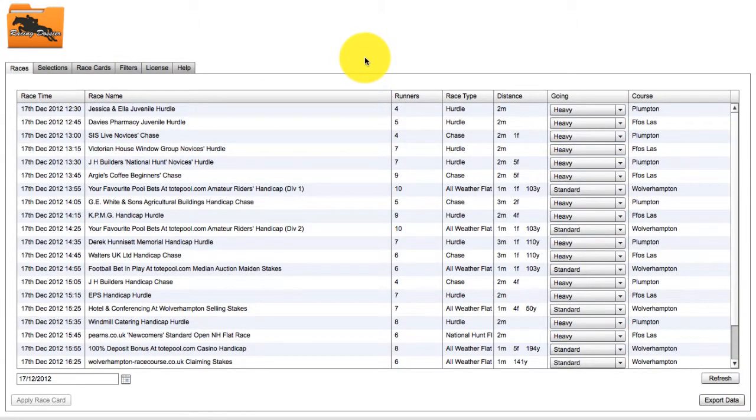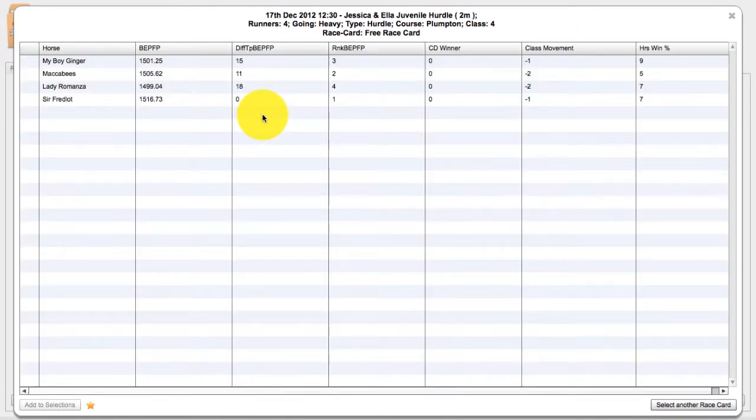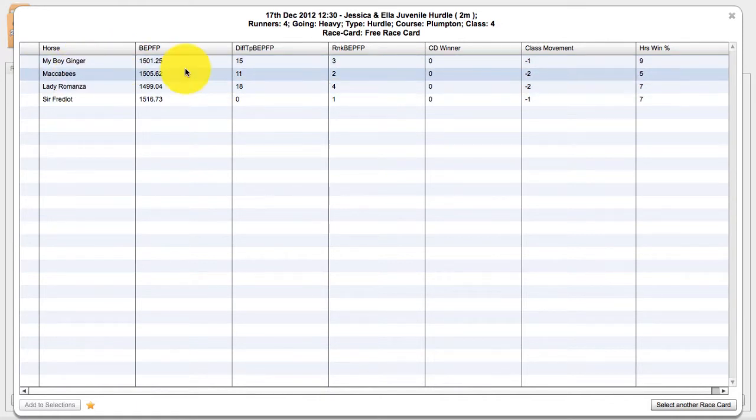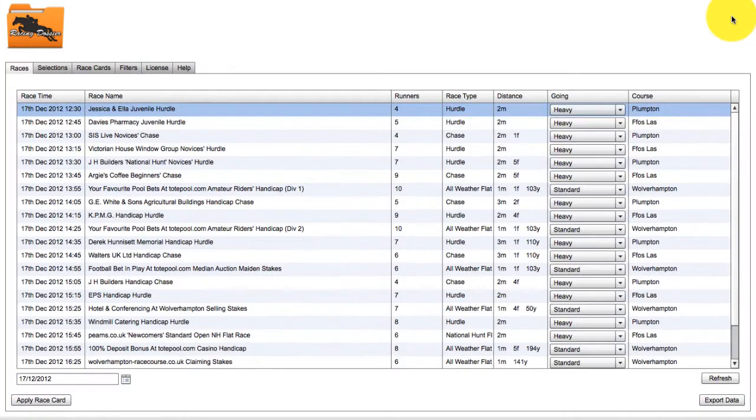If we go back across to races, and we open the first race, there we go, and we can see that we've got the horse name here and all of our fields. And that will happen with every race you open.